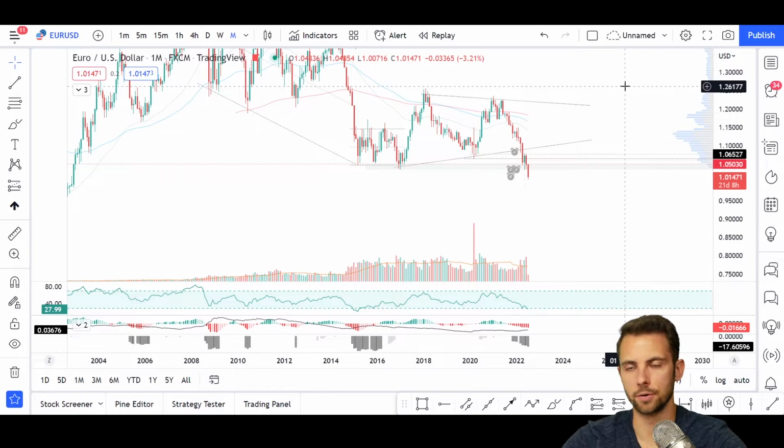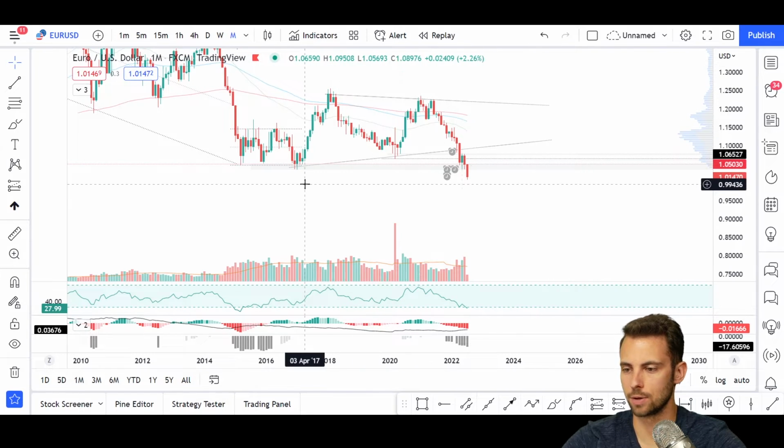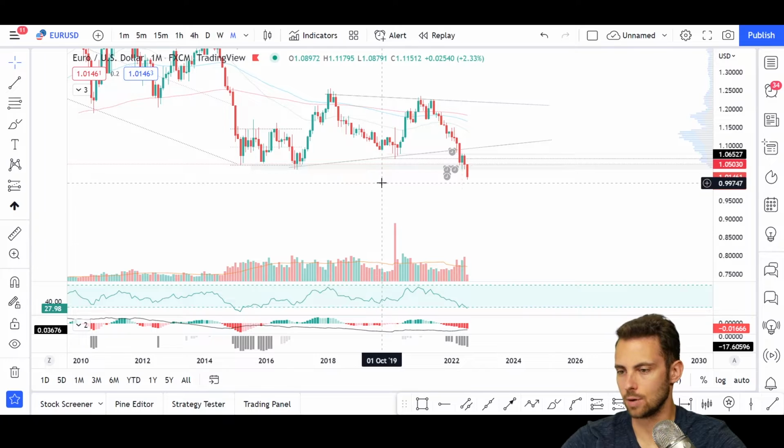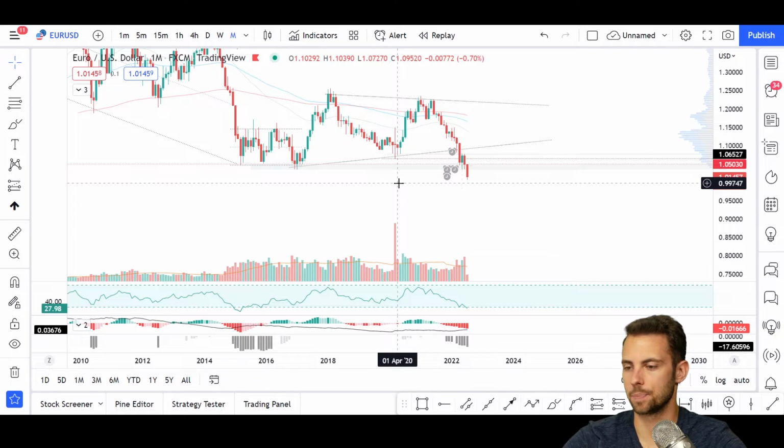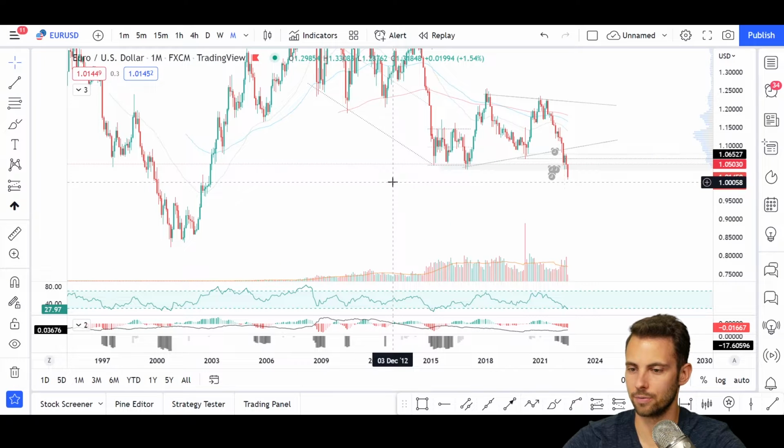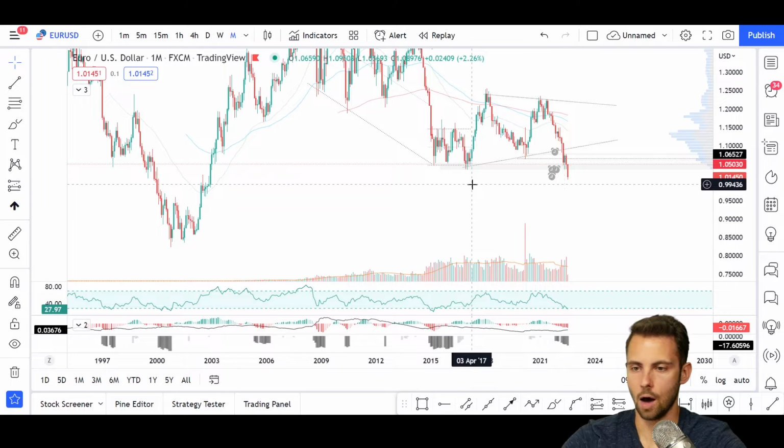When it comes to the Euro USD chart, right now we are heading to a parity between Euro and US dollar. We are still about 2 cents, or even 1 cent, far from this parity being achieved, and it very likely will drop down to 1.0.